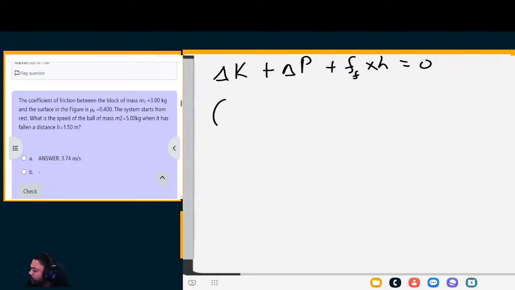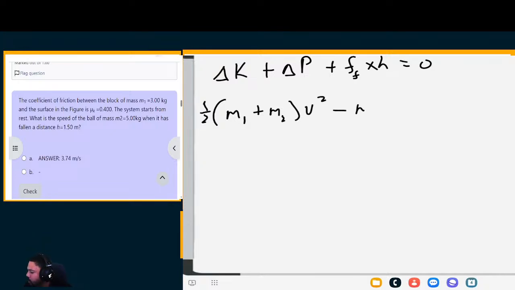Now we've already established that the change in the kinetic energy, it starts from rest, so the kinetic energy at the end is all that matters. So it'll be a half times the mass of 1 plus the mass of 2, the mass of the box plus the mass of the ball, times their velocity squared. They're going to have the same velocity, since they're tied together.